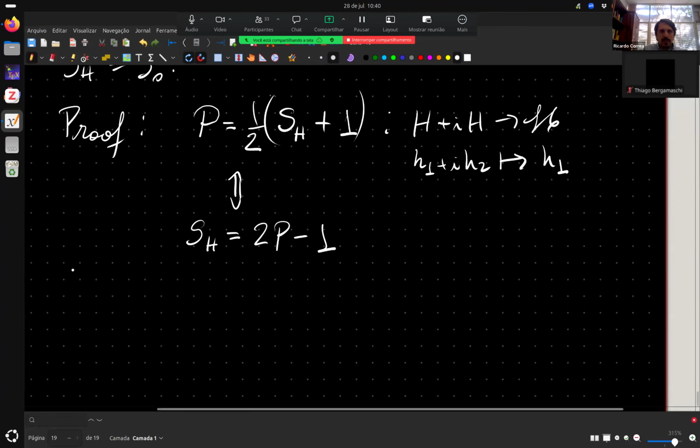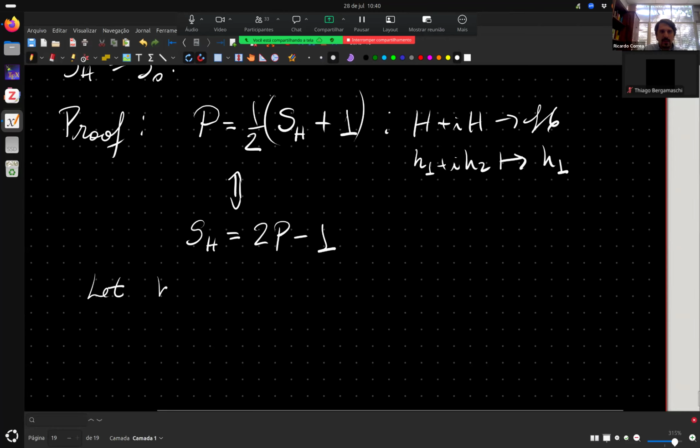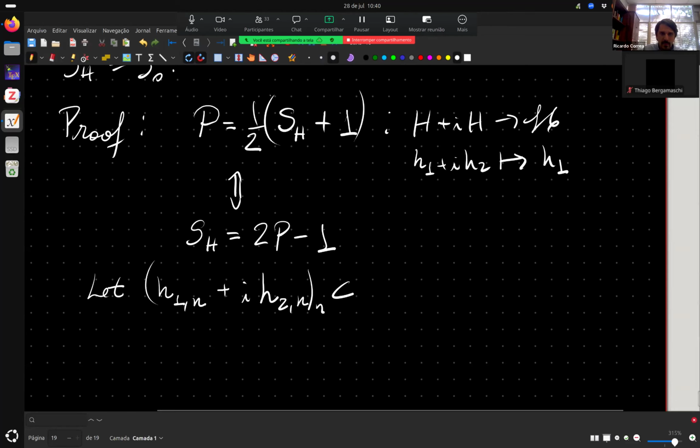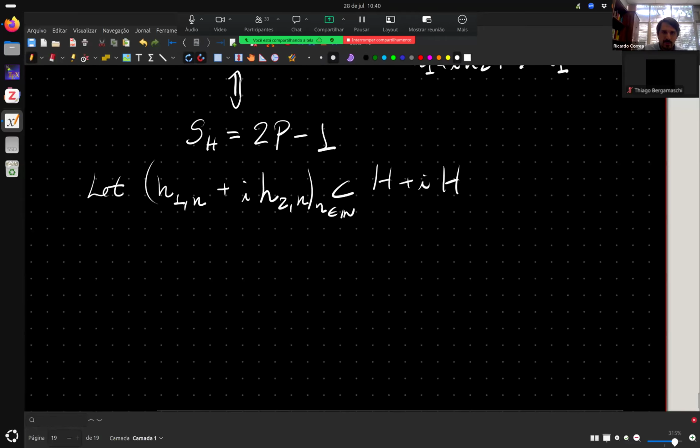So for proving that this projection is closed, I should look at what happens to sequences. Let h1n plus i h2n be a sequence in the domain which converges to a vector.